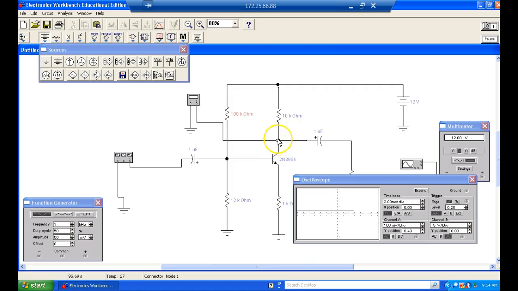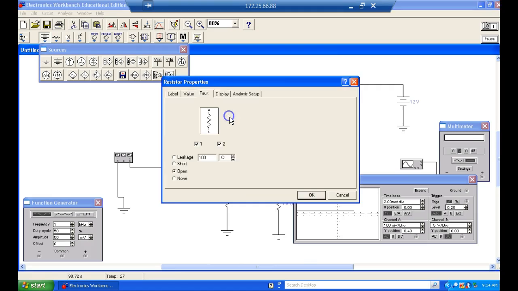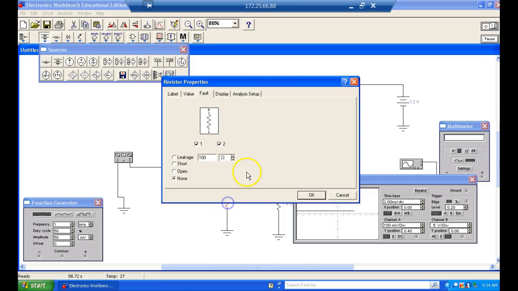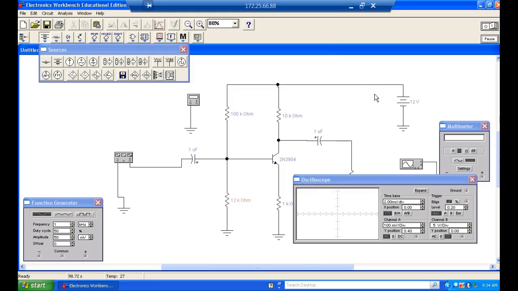Okay, so what's going to happen if I come over here and we'll open this resistor right here? The 12K. What should we expect to happen? What should base voltage do?